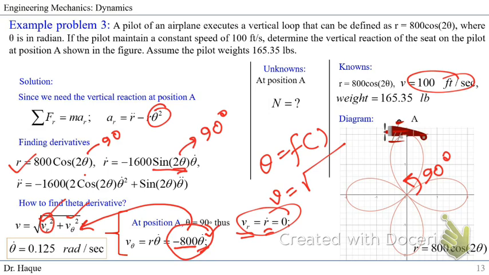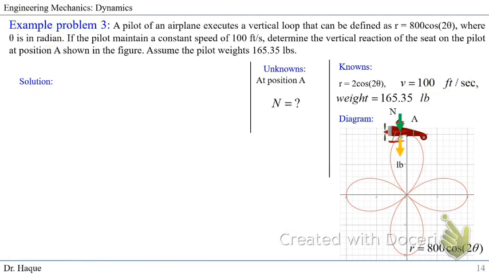If we solve it, and if we put V equals 100, we will get theta dot equals 0.125 radian per second, because theta is defined in radians. So we found theta dot, and we can find r, theta double dot and r dot.